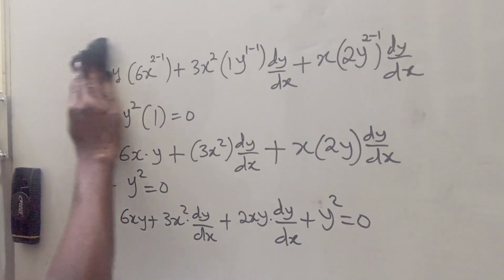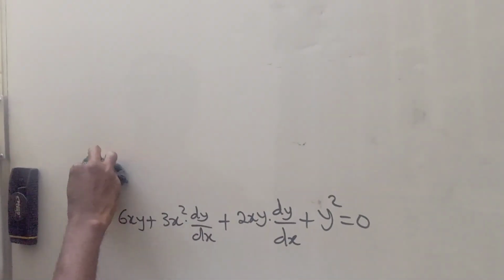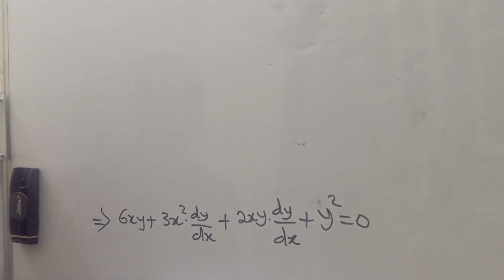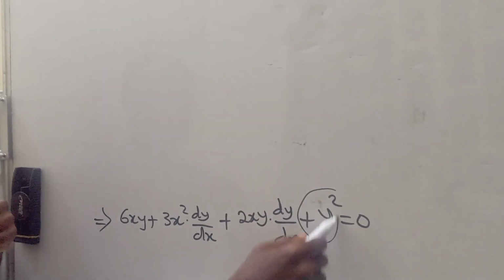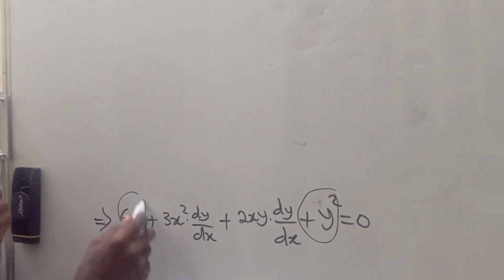Alright, so from this we can now simplify dy over dx and make it the subject of the formula. To simplify it, I can quickly take this to this side, and this to the other side.